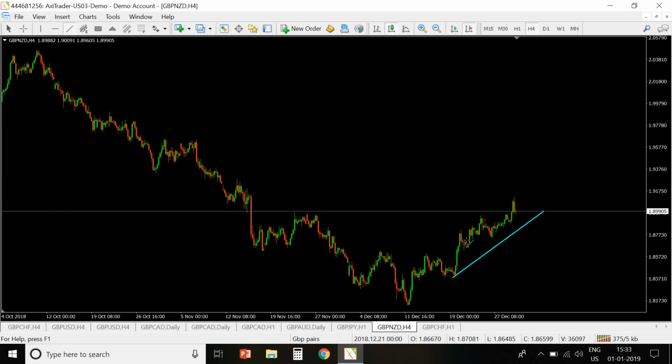So 1, 2, 3. First one, second one, third one, looking for liquidity, and it's dropping. So there is a stop built above here. So likely to drop from there.